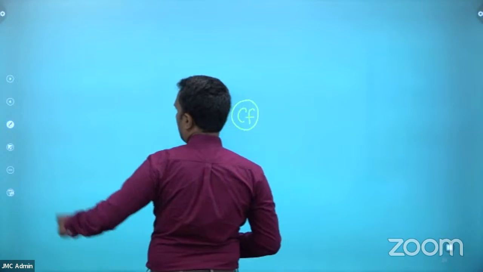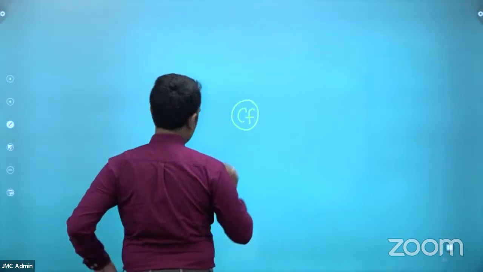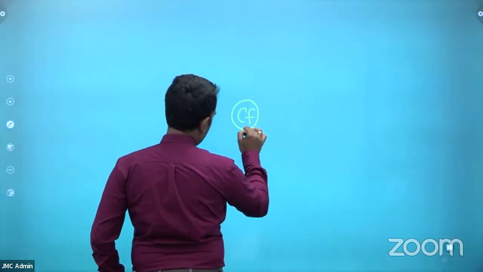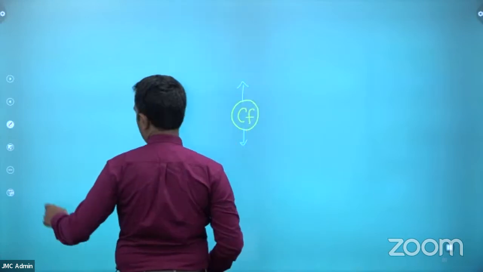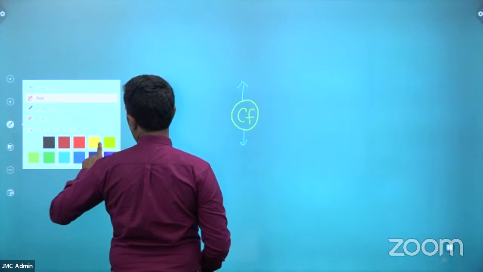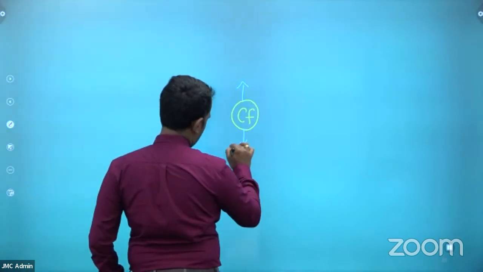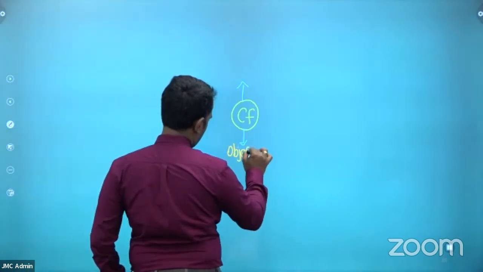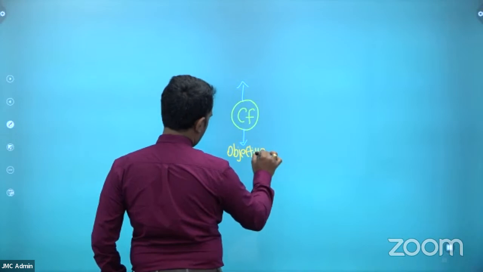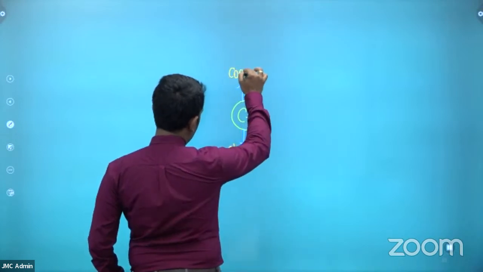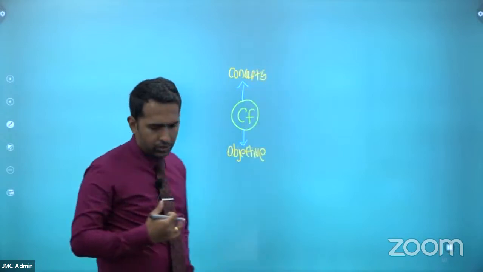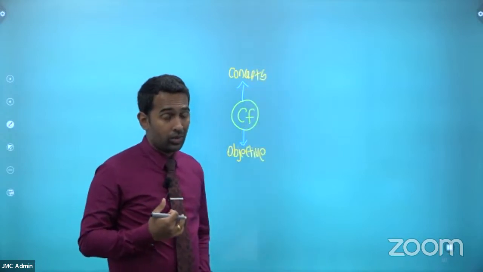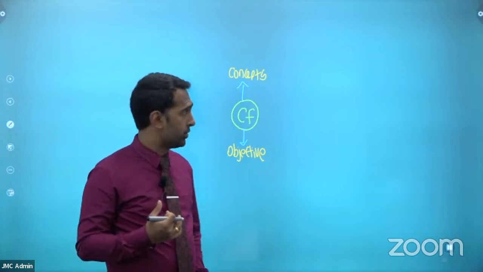The conceptual framework basically focuses on two things. One is the objective, the other is the concepts. So we are going to discuss the objective as well as the concepts.